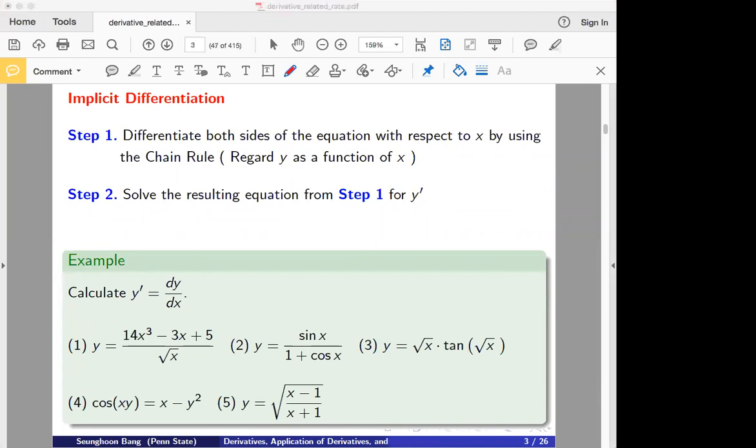Then y equals square root of (x minus 1) over (x plus 1). The next one, y equals secant squared of (sine x cubed plus 1). We will think about the 6 problems together.